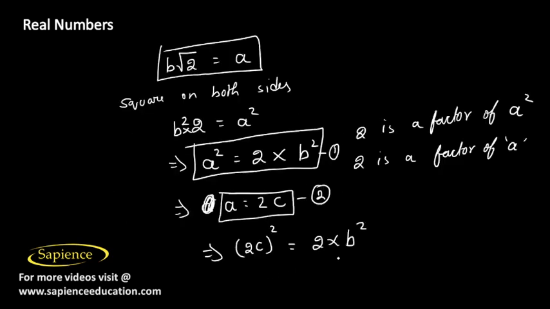So 2c the whole square is equal to 2b square can be written as 4c square is equal to 2b square. So we just got 4c square is equal to 2b square.